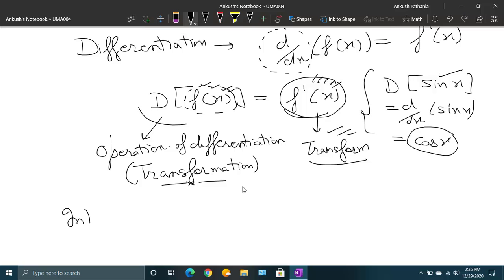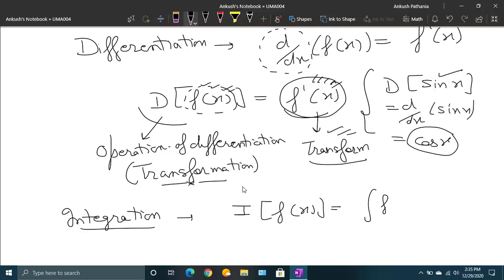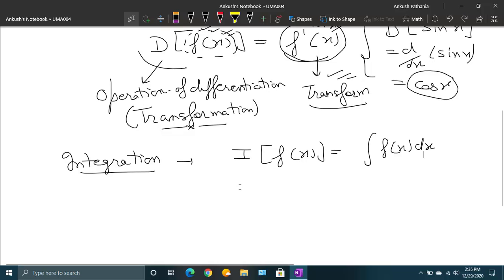Similarly, the same concept holds for integration. If I represent the operation of integration by capital I and apply it on some function f(x), then I get its integral. Something like, you integrate the function cos x and you get sin x plus, no doubt, a constant of integration.